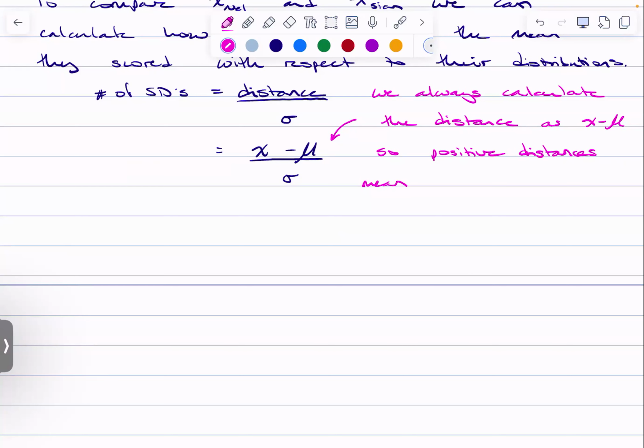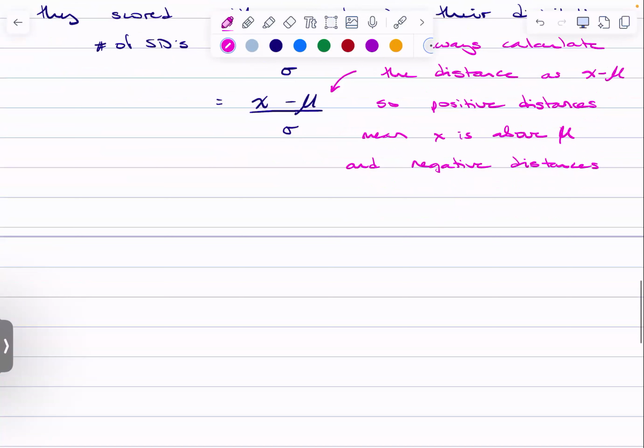And negative distances mean X is below mu.